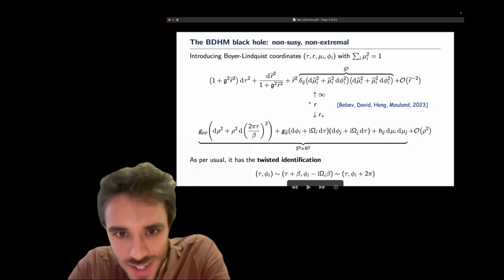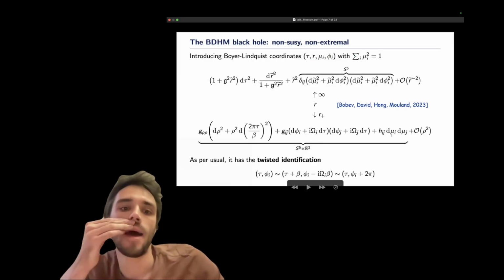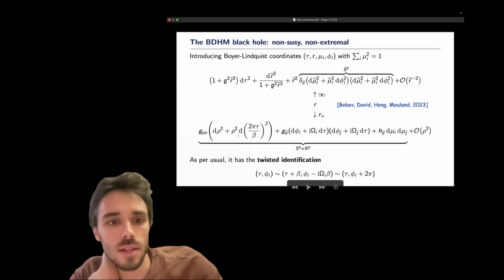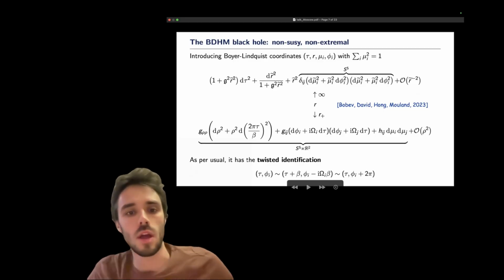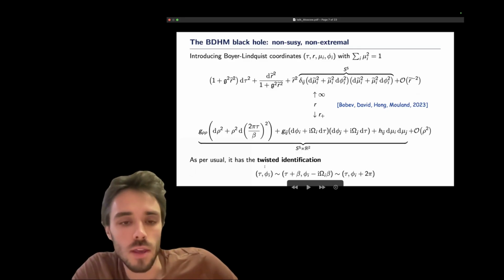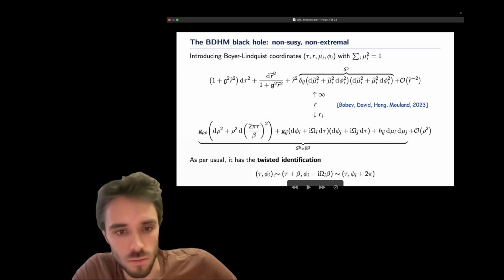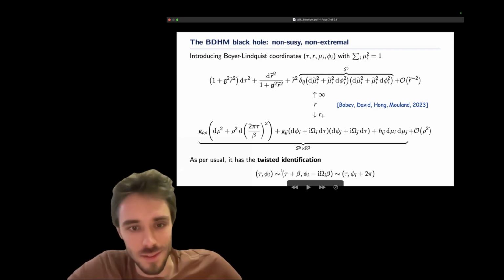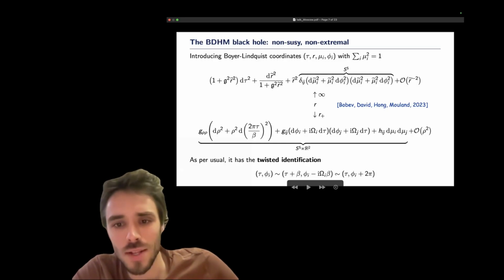No, sorry, this is not the near horizon limit. This is how the geometry looks nearby the horizon. And from here, you see that this space is only smooth if you demand the twisted identification. You take your time and an angle, and if you twist them like this, when you go around the time circle once, you also have to go around the angle once.